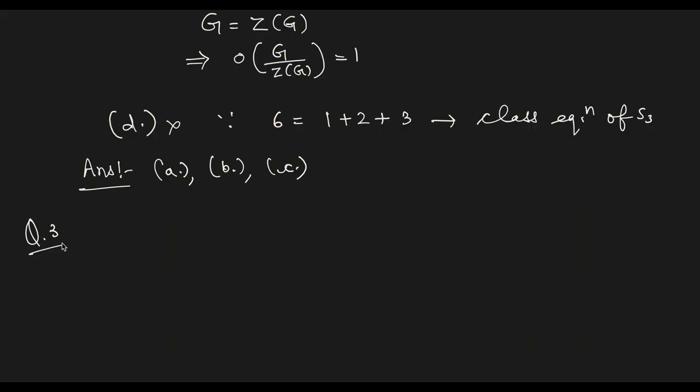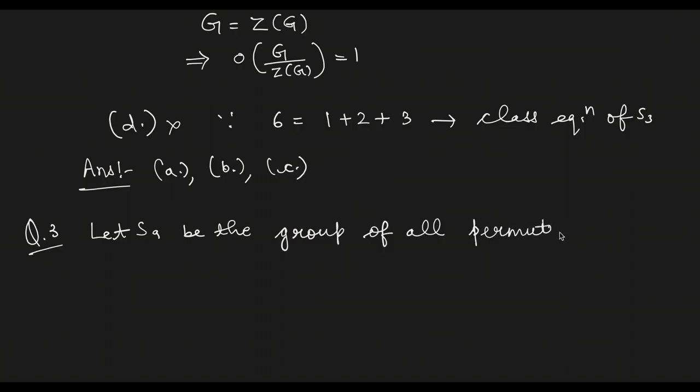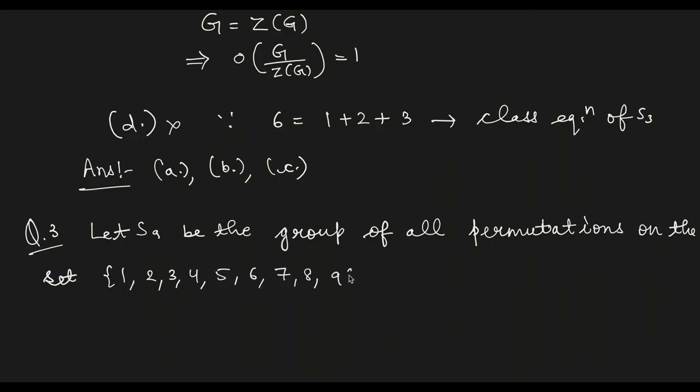Next, let S9 be the group of all permutations on the set 1, 2, 3, 4, 5, 6, 7, 8, 9.